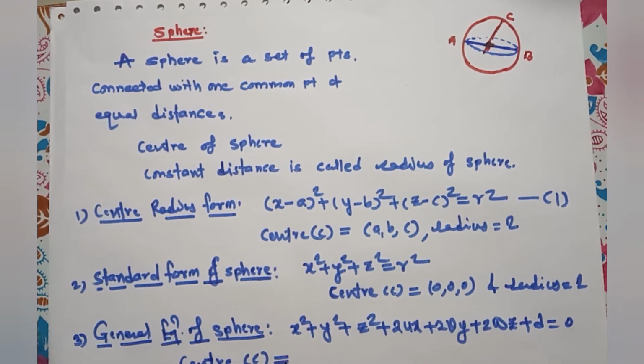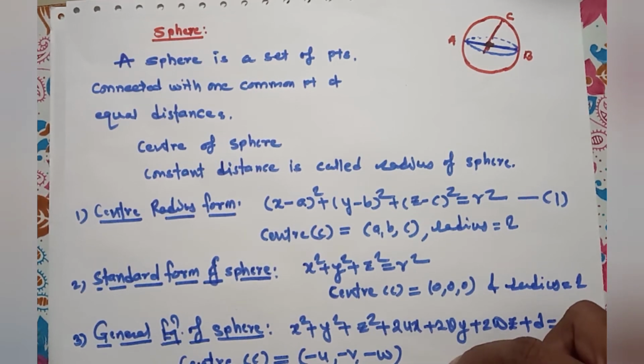C equal to (minus u, minus v, minus w), and radius r is equal to under root u square plus v square plus w square minus d.